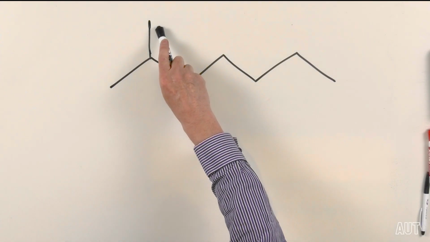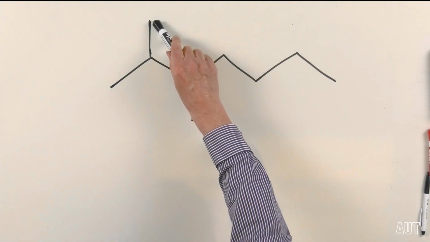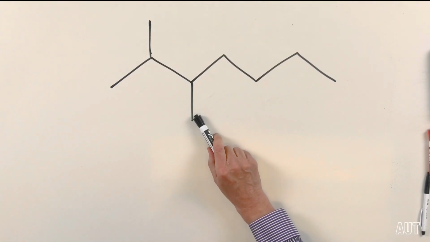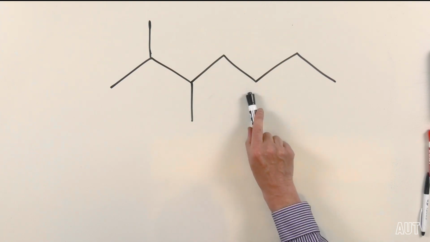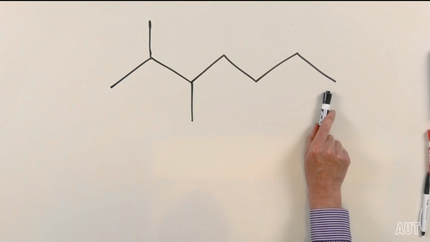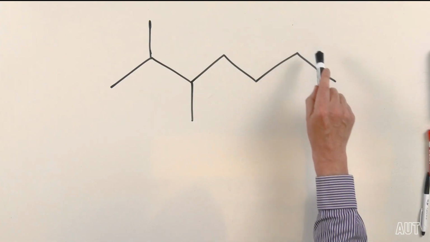Let's find that longest carbon chain. We've got 1, 2, 3, that ain't gonna be that. 1, 2, 3, 4, nor that. 1, 2, 3, 4. So you've got to look at all of the possible carbon chains in this thing just to make sure. 1, 2, 3, 4, 5, 6, 7. Yep, that's 1, 2, 3, 4, 5, 6, 7.